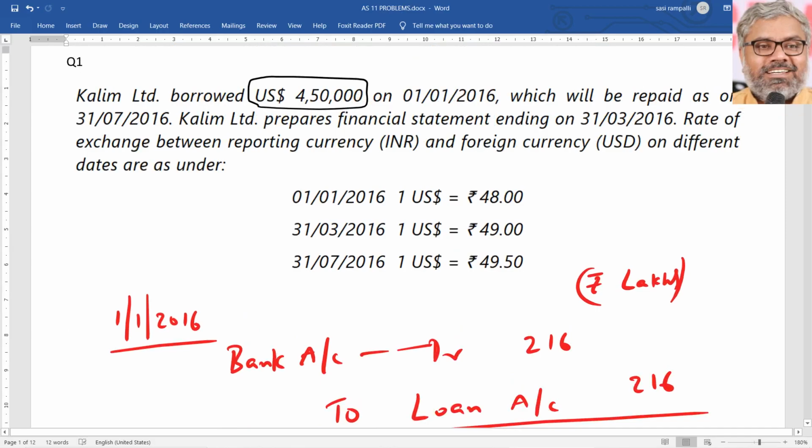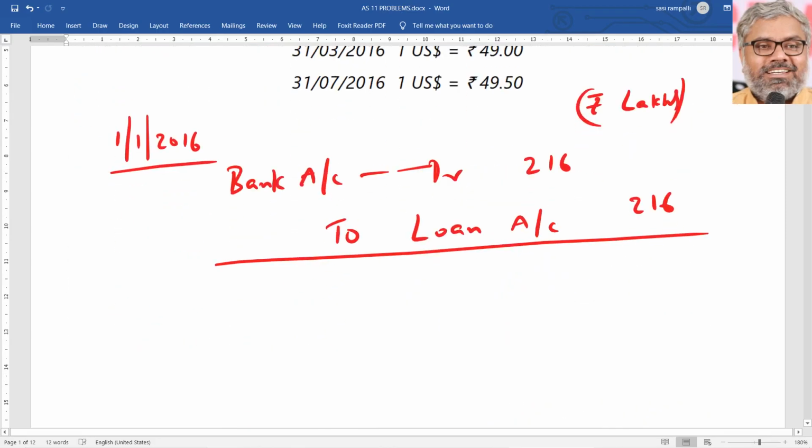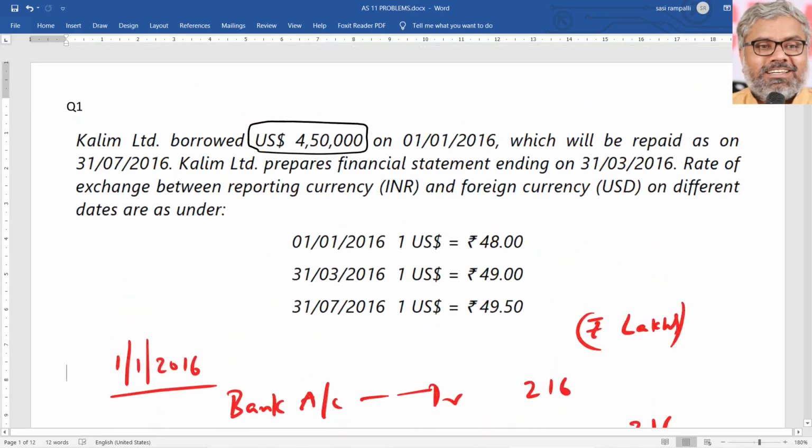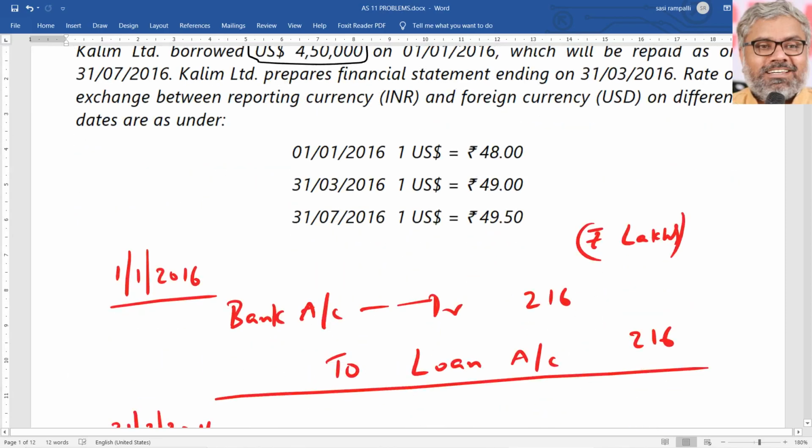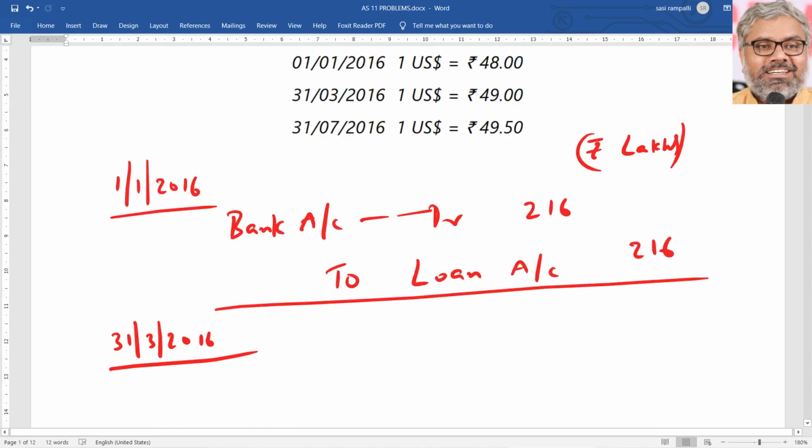Now, the date has come on which you have to close the books of accounts, that is 31st March 2016. So on 31st March 2016, what should we do? According to Accounting Standard 11, what has to be done? First of all, what kind of item is this? This is a monetary item for sure. So what should be the treatment? We should present it in the balance sheet at the closing rate.